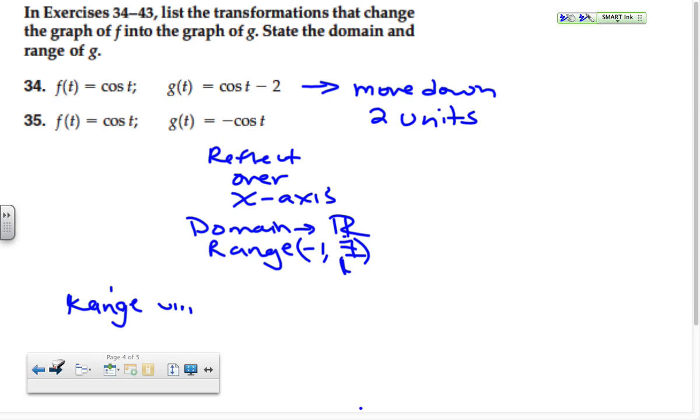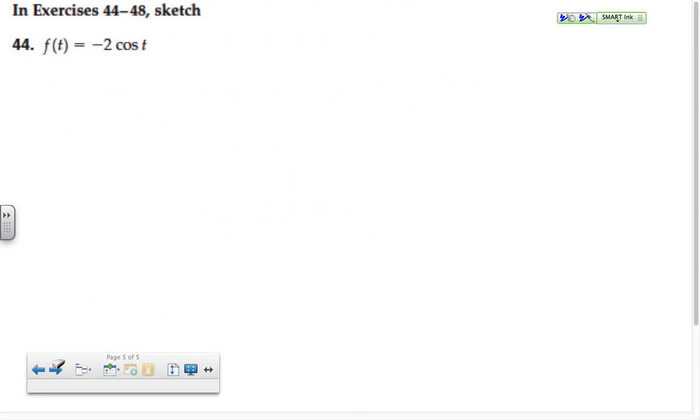Alright, moving on. Some of these are going to ask you to sketch a graph. You don't have to be perfect. If I'm going to sketch the graph of this, I need to know what's happening first of all. So I'm going to do a basic graph, and I'm going to just draw the cosine graph really quick so that I have a picture to base my assumptions off of.